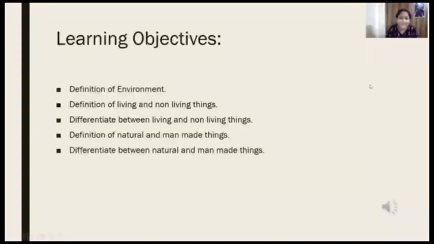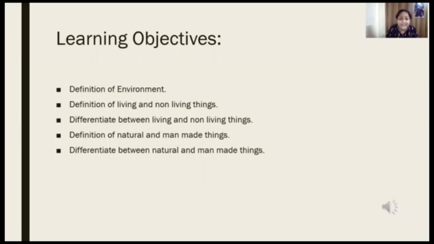Now, the learning objectives. What we will learn? First one, the definition of environment. What is environment? That we are going to learn. Next one, definition of living and non-living things. What is a non-living and what is a living thing? Next one, differentiate between living and non-living things.